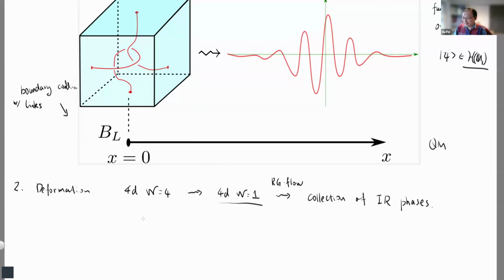So what is this mathematically? One way to think about it is that there is a Hilbert space that one starts with, but after the deformation, one has a direct sum of IR Hilbert spaces.